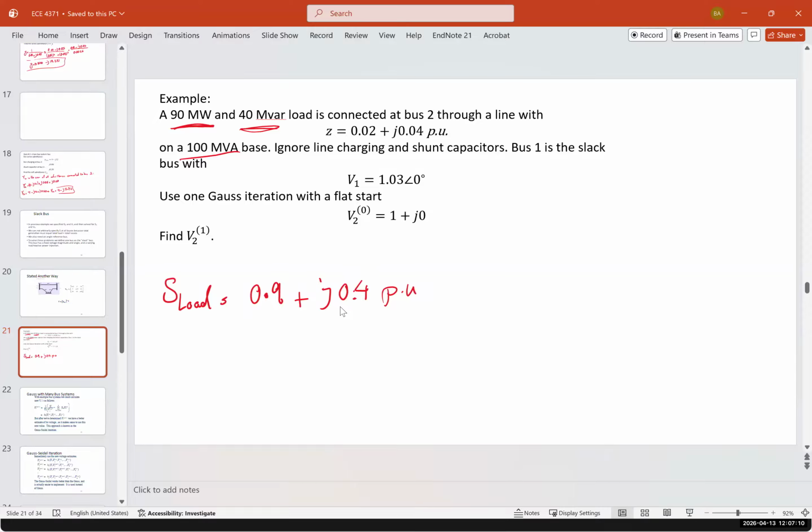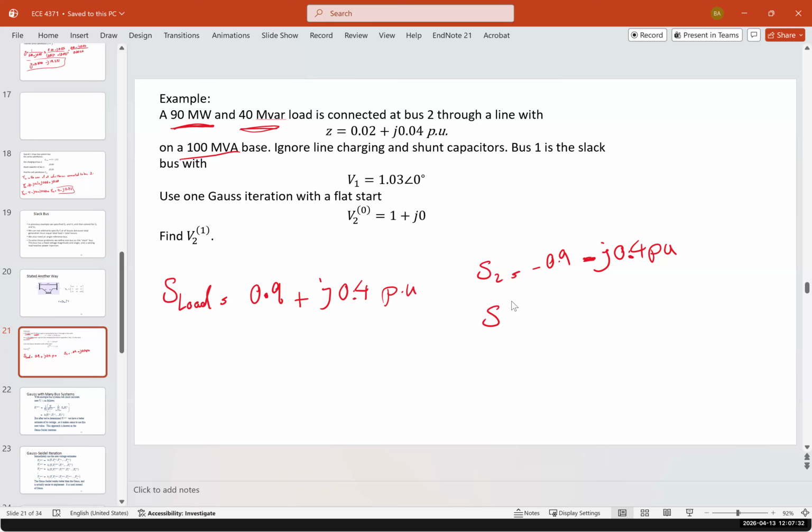Now, for the bus equation, the injection power is the negative of the load. So S2 is going to be equal to negative 0.9 minus j0.4 per unit.